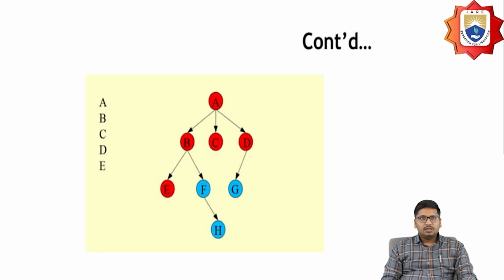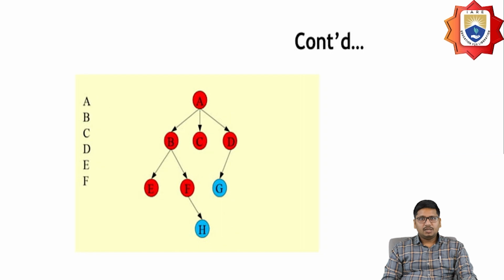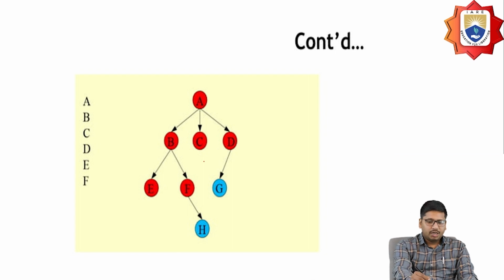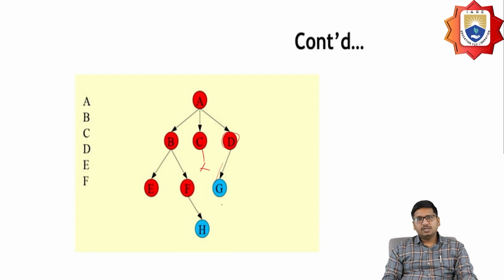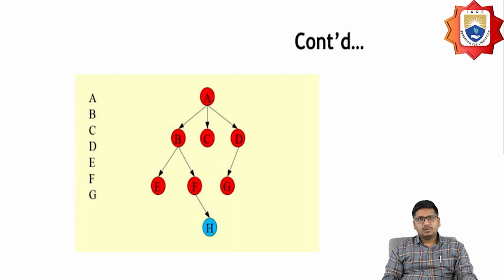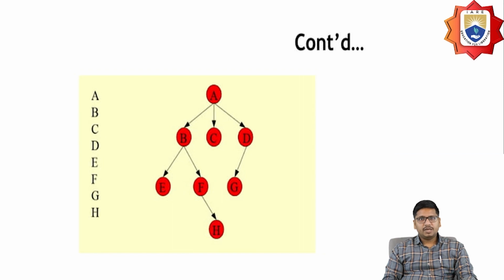Next, the vertices connected to B are E and F, and these are added into the queue. For C, there is no child. Next is D, which has a child that is pushed onto the queue. Finally, there is no child for E, and only one child for F, which is H.